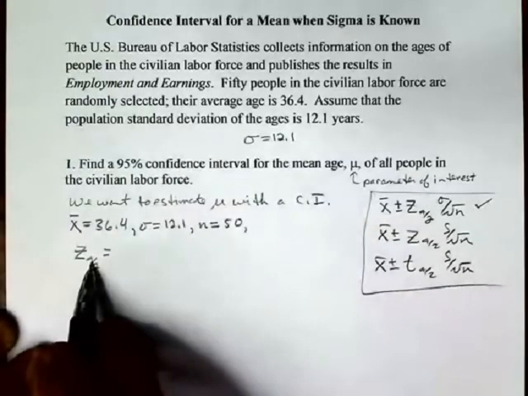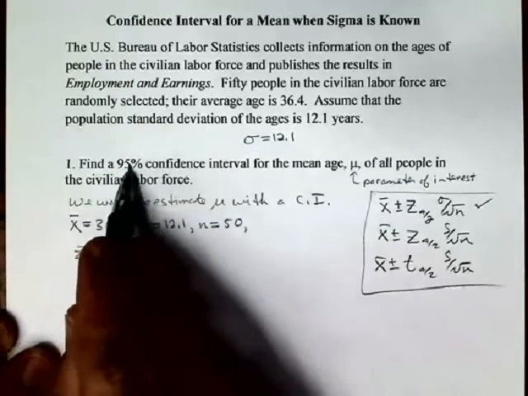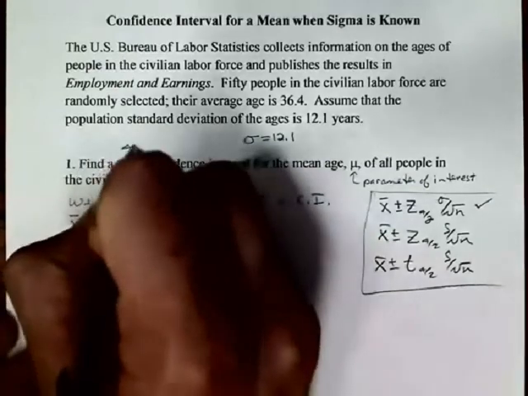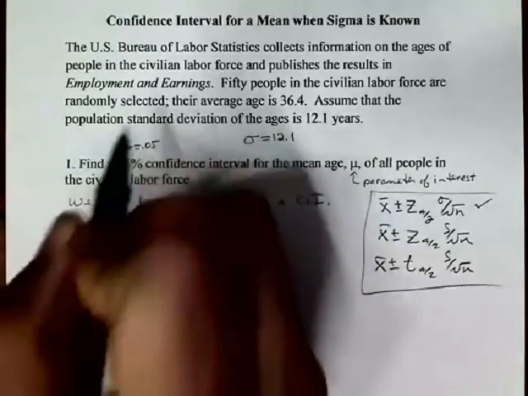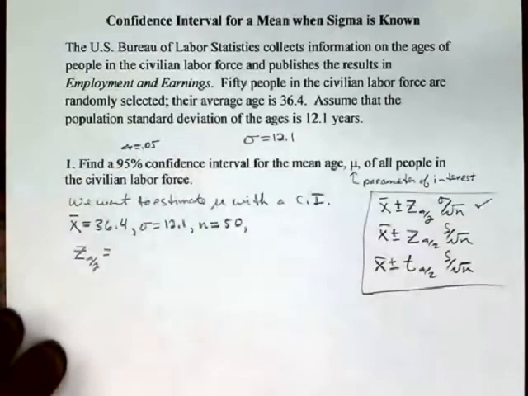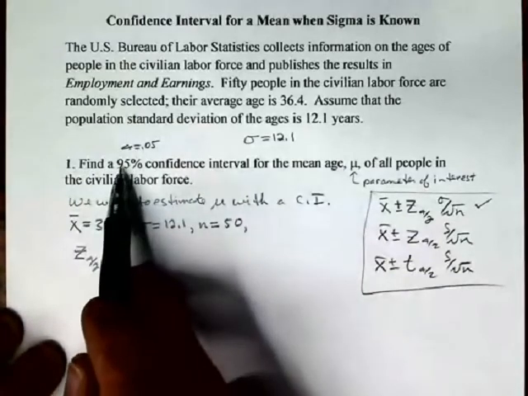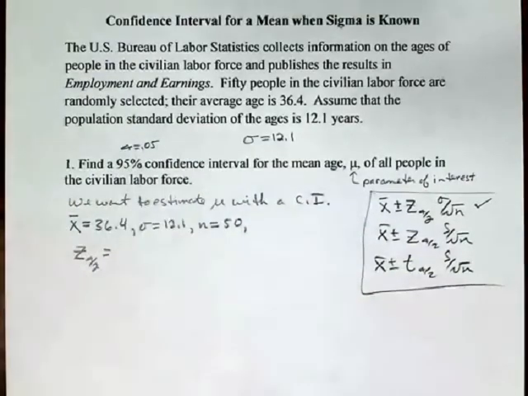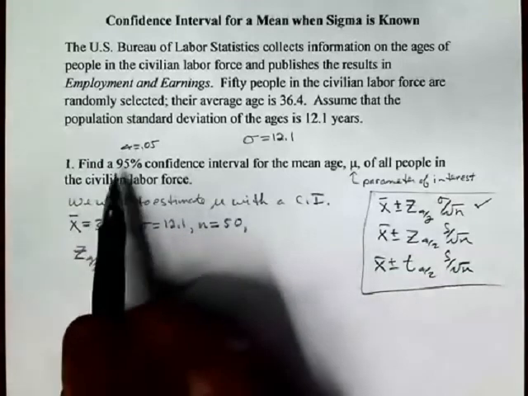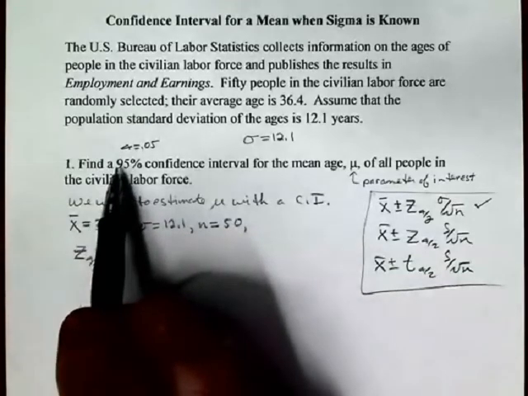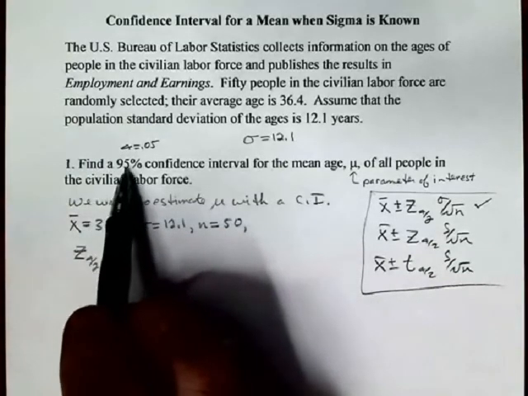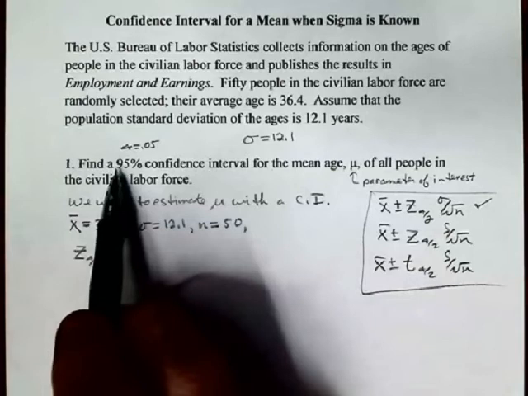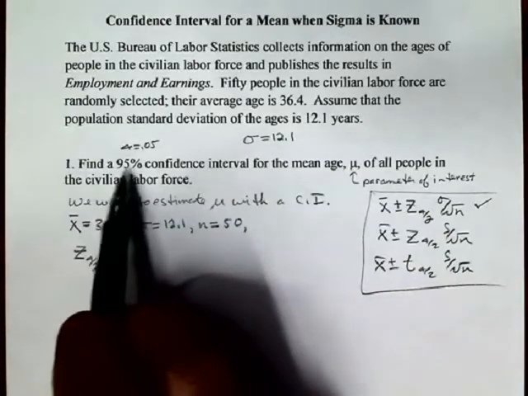Well, what's alpha? If we have a 95% confidence interval, then alpha is what we need to add to 95 to get to 100. If you recall, 95% says my confidence interval will capture the parameter 95% of the time in repeated sampling.